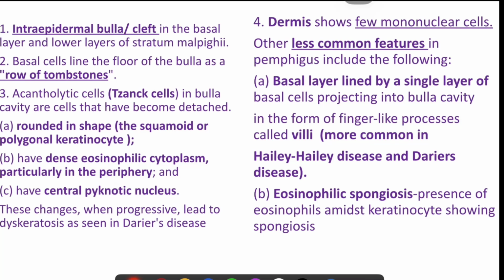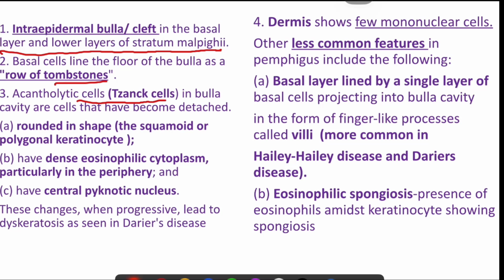Now in intraepidermal bulla, a basal layer and the lower layer of stratum malpighi, where you find this cleft, tombstone appearance is present. There is an acantholytic cell, or it is called Tzanck cell, in the bulla cavity.